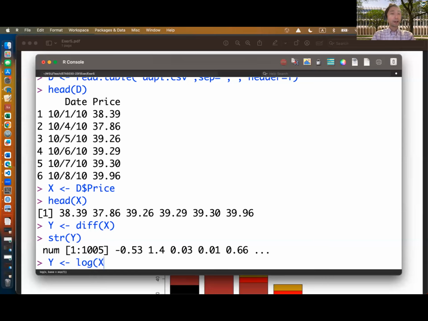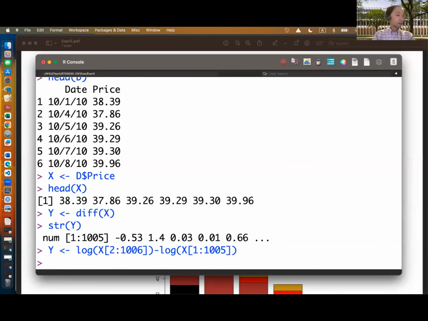To do that, one good way is to extract the second to 1006th observations, and subtract the log of X of 1 to 1005. In this way, we can calculate log of X2 minus X1, X3 minus X2, X4 minus X3 at the same time.